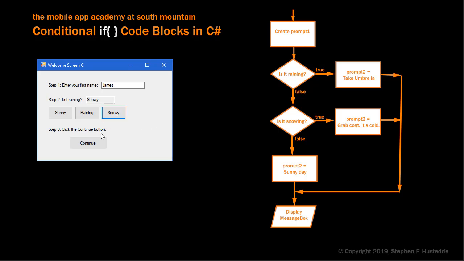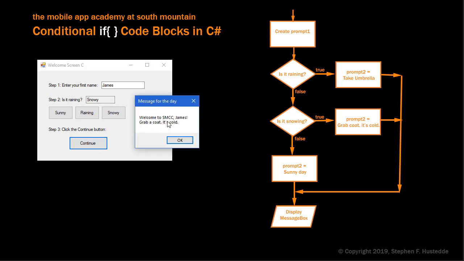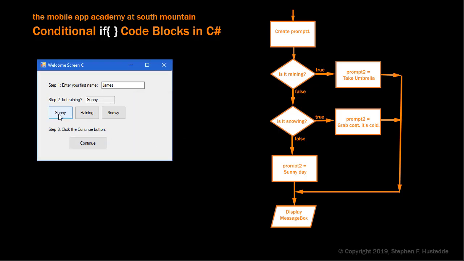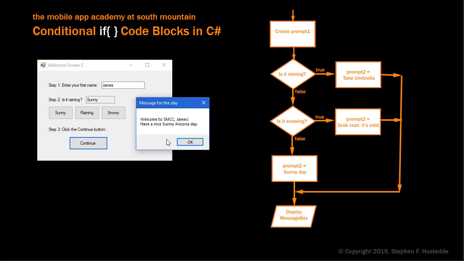If however they chose snowy, our prompt would be welcome to SMCC James, grab a coat, it's cold. And then if they chose sunny, we get our original message box, welcome to SMCC James, have a nice sunny Arizona day.